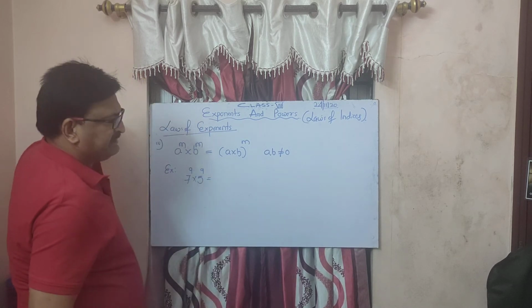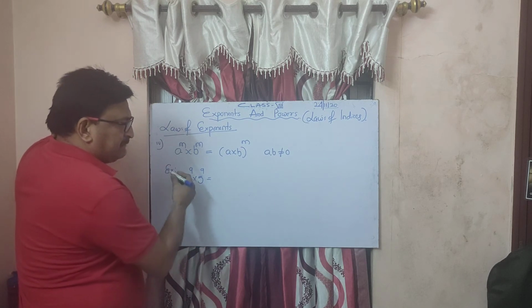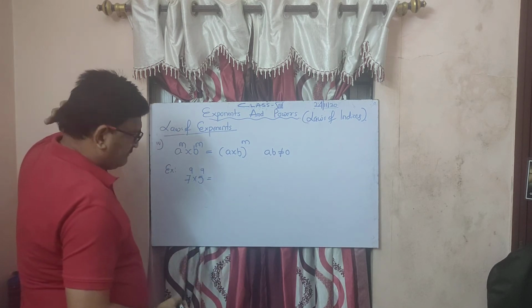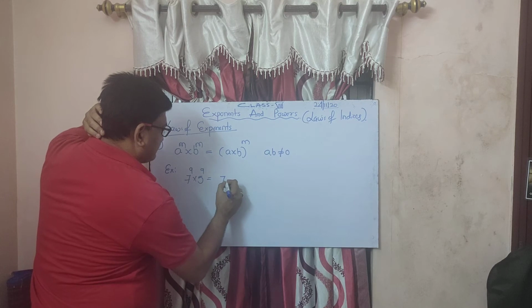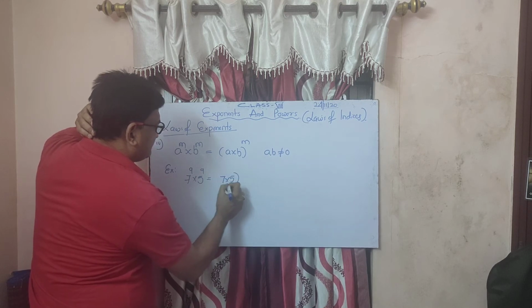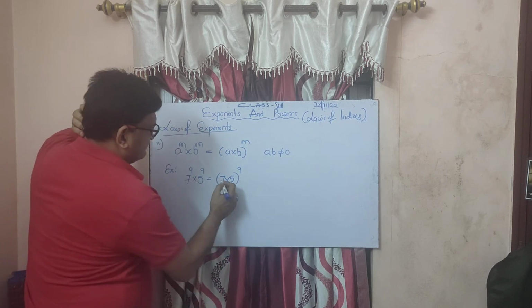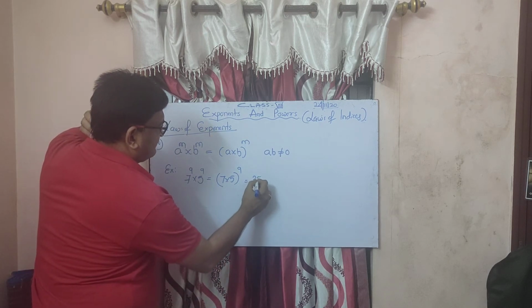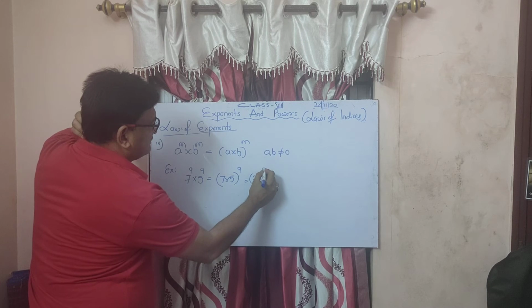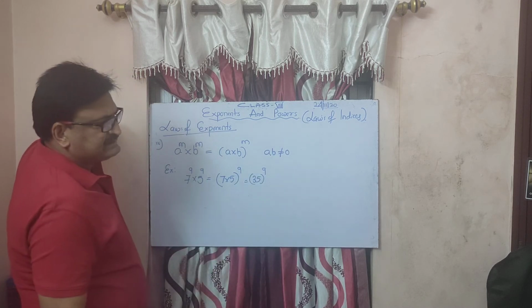Here you can see the bases are different and the powers are the same. So you have to just multiply the bases and keep the power as it is. 7 fives are 35, and just put the power as it is.